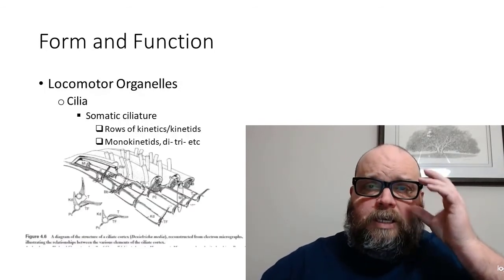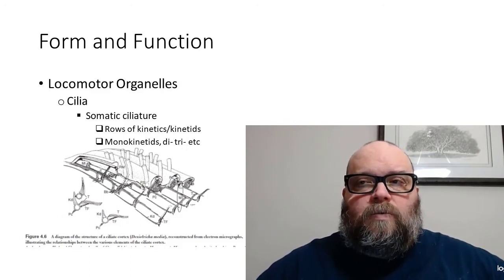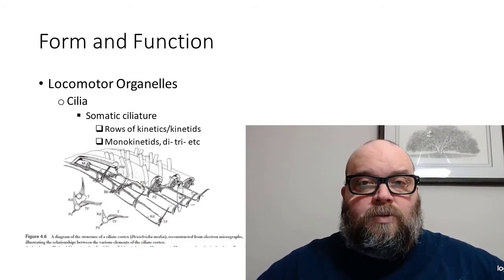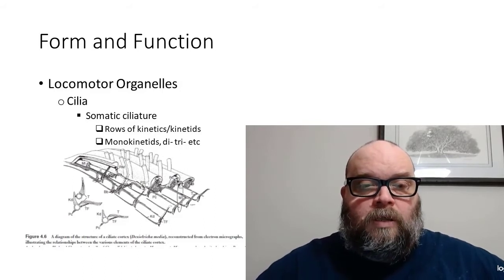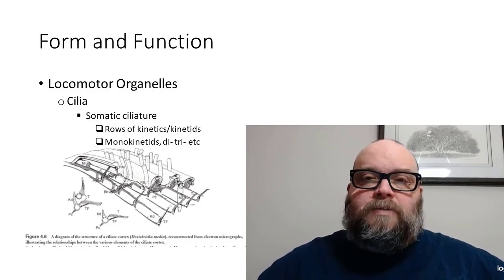And when we look at the cilia, we see that it's not just the kinetosome, the basal body at the base of all the cilia, and their 9+2 axoneme. What you're going to have is what they call kinetids. Kinetids are going to be parabasal bodies.